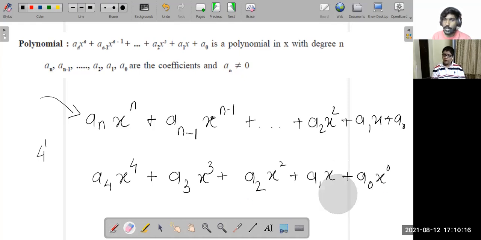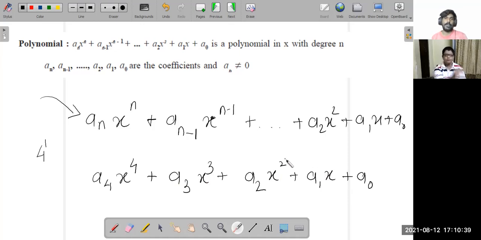But this a0 x raised to 0, you can just write as a0. That is the meaning of position. So this is the first position, a4, the coefficient of x raised to 4. Coefficient of x raised to 3 is a3. Coefficient of x squared is a2, and so on. Understood?